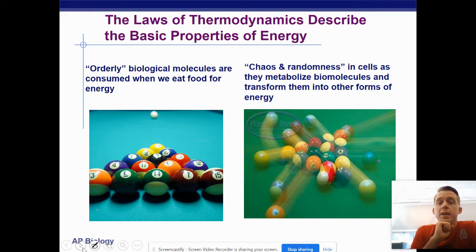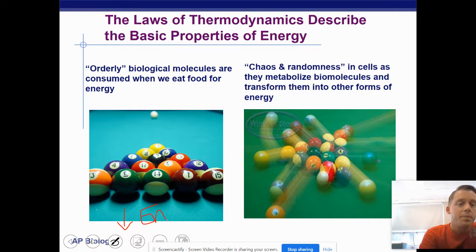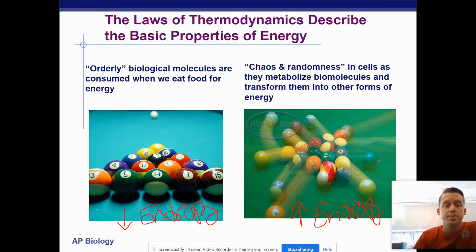If we take the cue and hit the pool balls and they start going everywhere, we create disorder on the pool table. That is entropy. So we have a low level of entropy when everything is ordered very nicely, and we have a high level of entropy when everything is disordered.